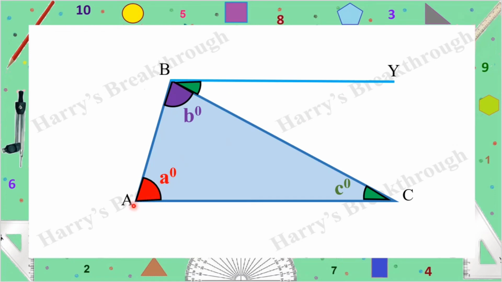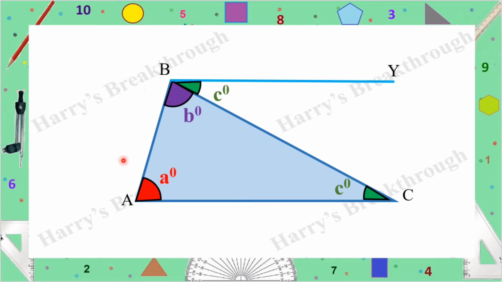Here we know that AC and BY are parallel and BC is a cutting line. If you look carefully at these two green angles, we can find that they are alternate angles. And we know that alternate angles are equal. So if angle C is equal to C degrees, its alternate angle CBY will also be C degrees, because alternate angles are equal. So here you got angle C is equal to angle CBY.